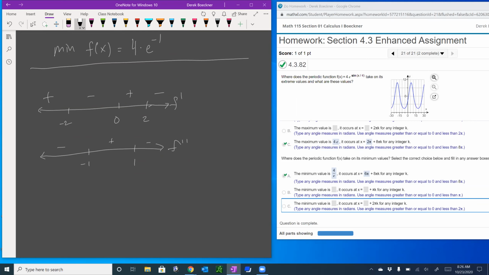It passes through the points -2, 2, -1, 1, 0, 0, 1, 1, and 2, 2. Okay, and it wants us to graph this.